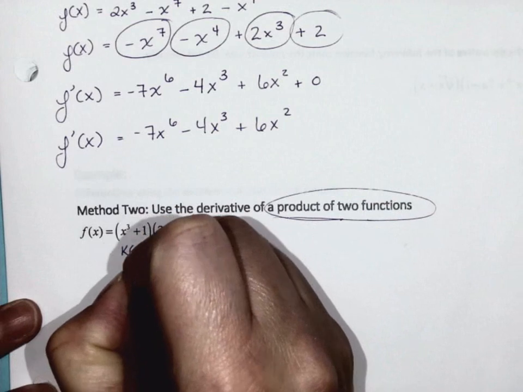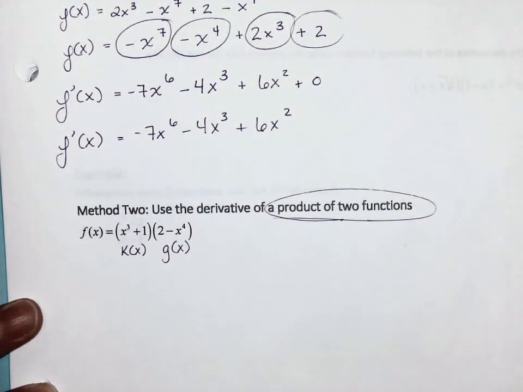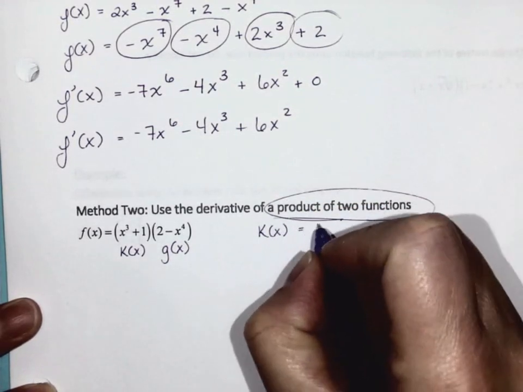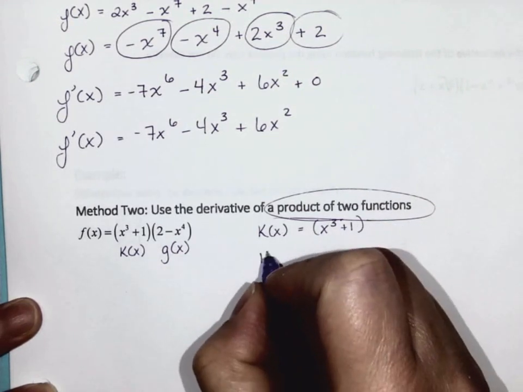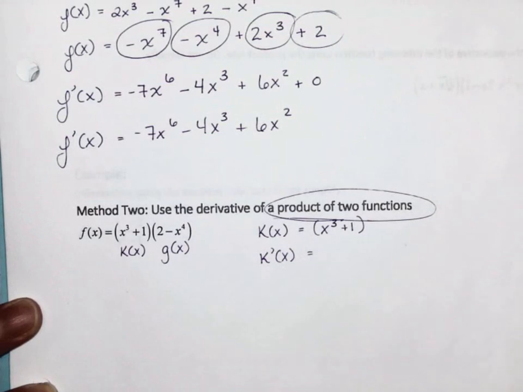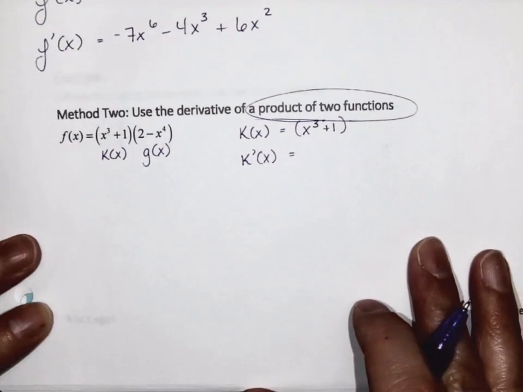Maybe I'll call this one k of x and this one g of x, just because I can. The k of x function is x cubed plus 1, and I'm going to find its derivative right off the hop.